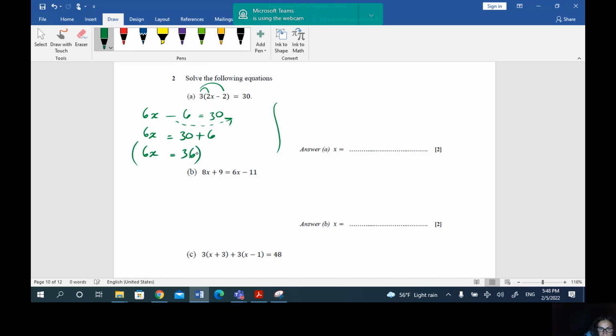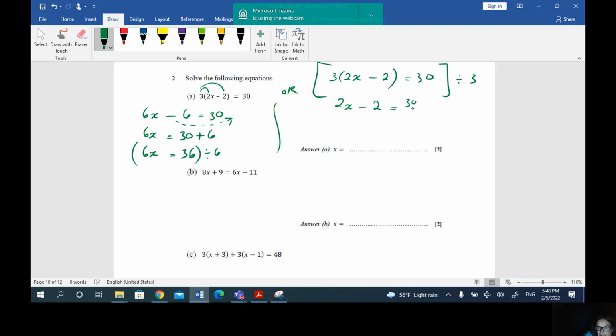So we're getting rid of the coefficient by dividing all by the coefficient, and x will come down to 6. Or we can say immediately 3 times 2x minus 2 is equal to 30. We can say divide all by 3. So what's inside the bracket is going to stay the same.